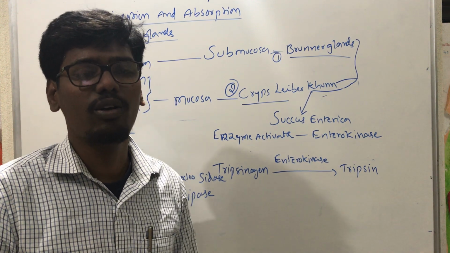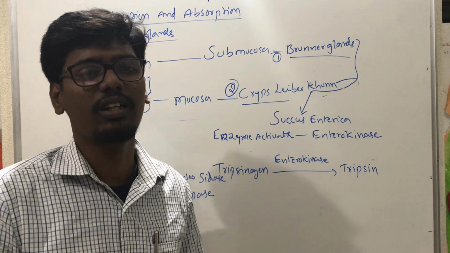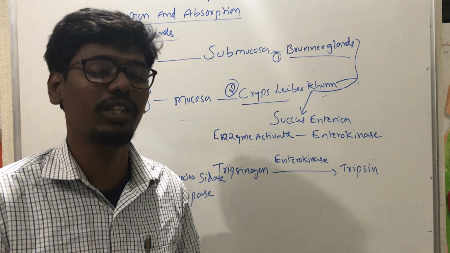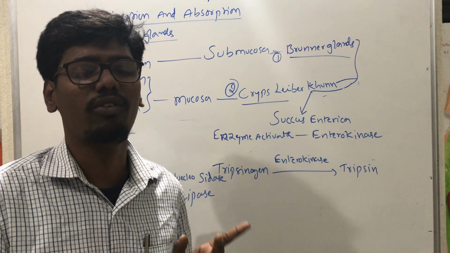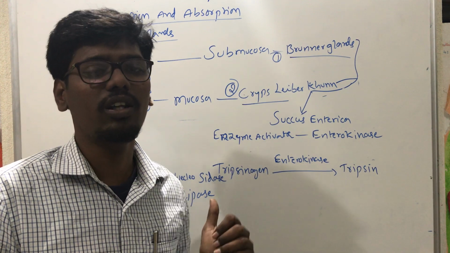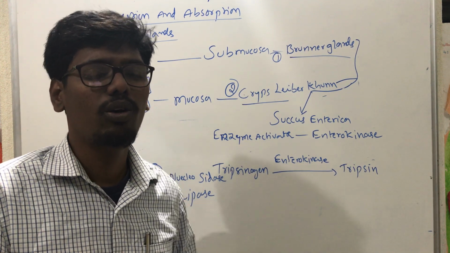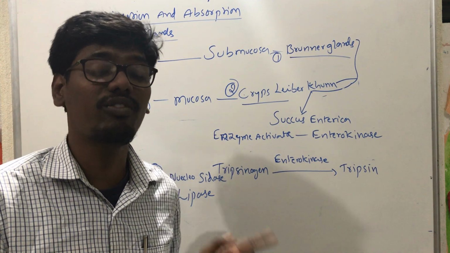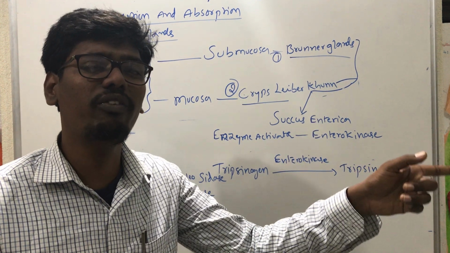One is glycogenesis, the second is glycogenolysis, and the third is gluconeogenesis. The first two are the formation of glycogen from glucose, and the third is the formation of glucose from non-carbohydrate sources.